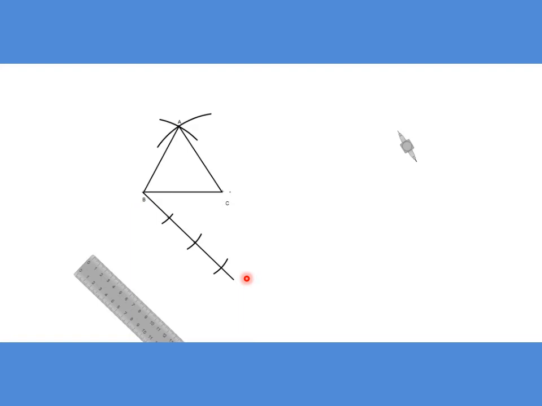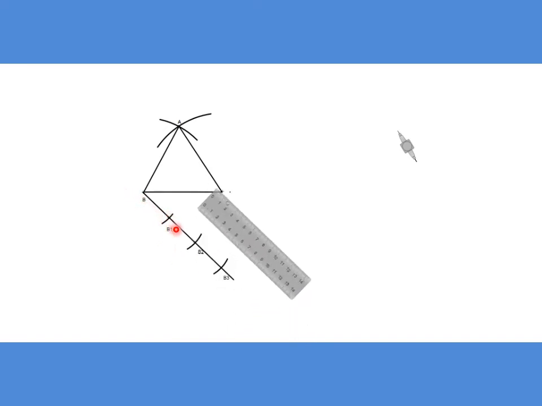That's why we are marking 3 points, and these distances are the same. Name these points as B1, B2, and the last one is B3. Here B1 is equal to B1B2, equal to B2B3.